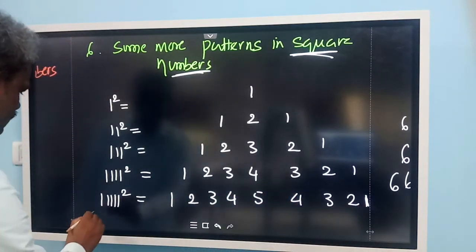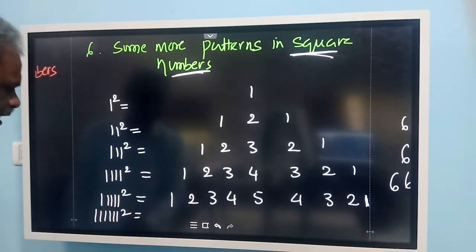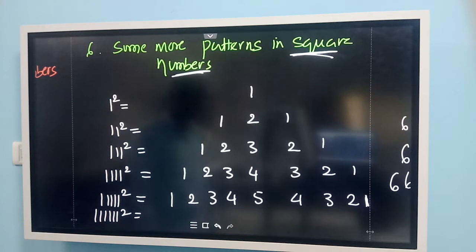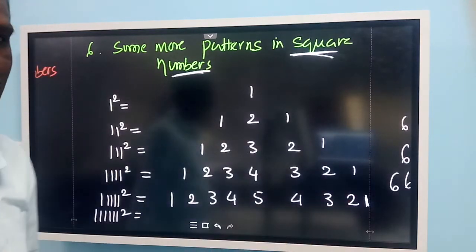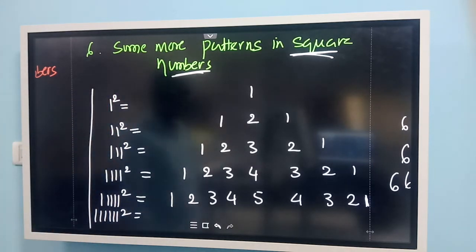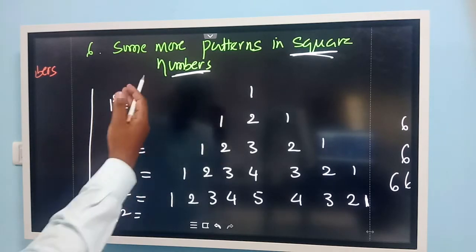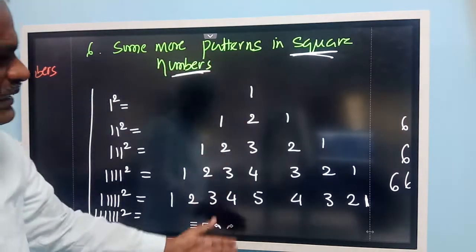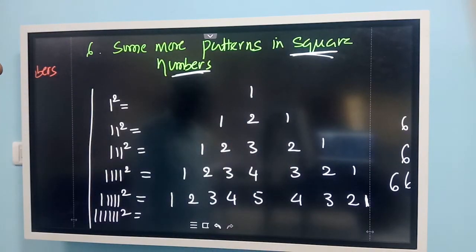Now if I ask you to find 1 1 1 written 6 times, what is the square of this number? 1 2 3 4 5 6 5 4 3 2 1. So look at this, a beautiful pattern with the square numbers having only the digit 1 everywhere. You can continue like this, and you'll get a beautiful arrangement of digits, a beautiful structure.